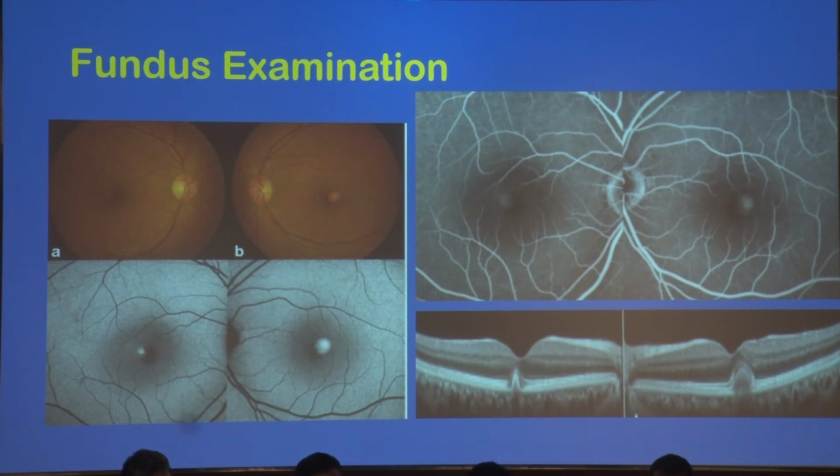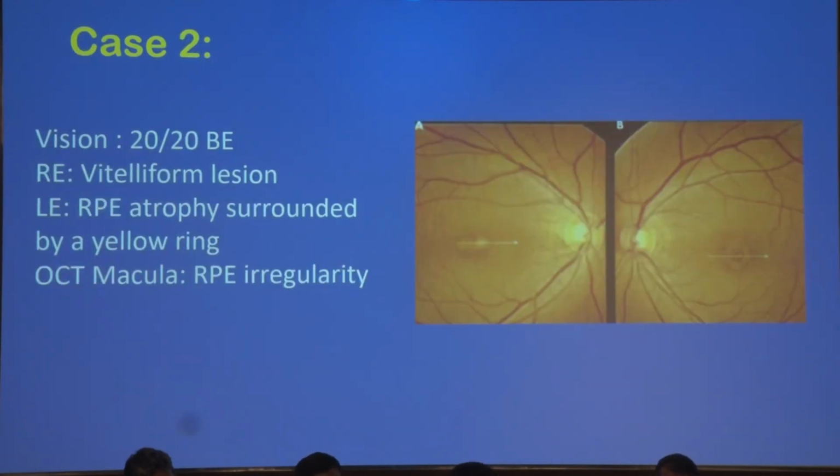It's showing a subfoveal lesion in both the eyes, more in the subretinal location. I followed up this patient for the last 2 years, and there is not much deterioration in the vision, and no changes in the fundus picture.